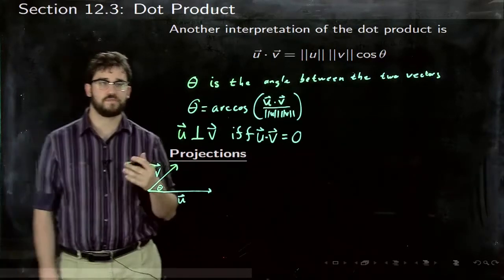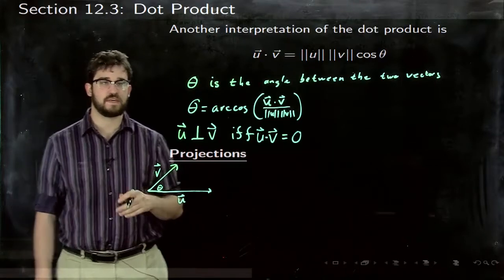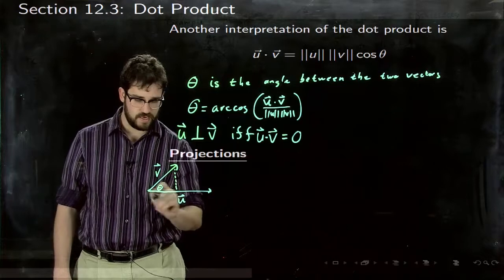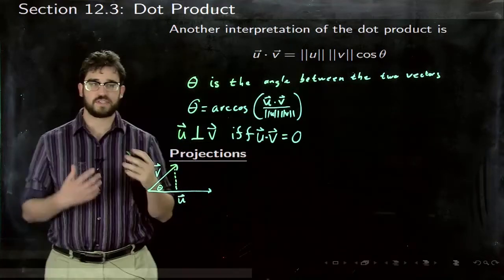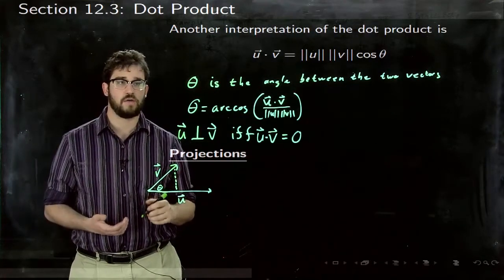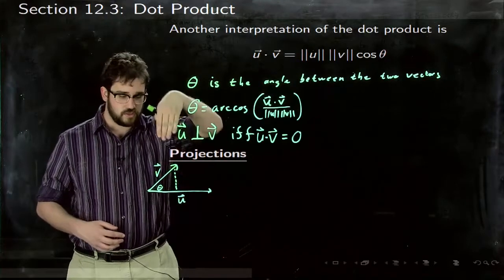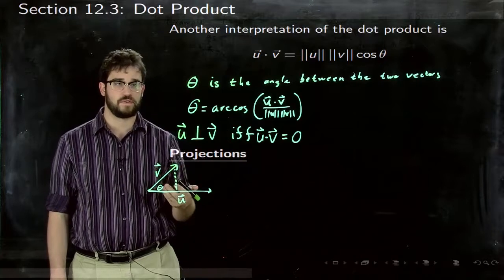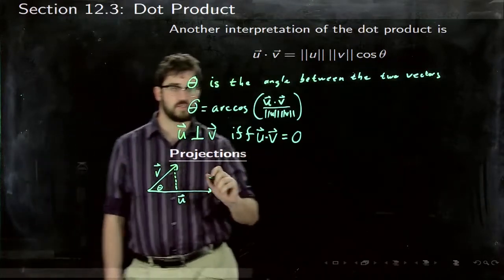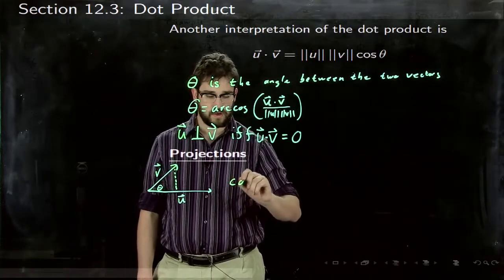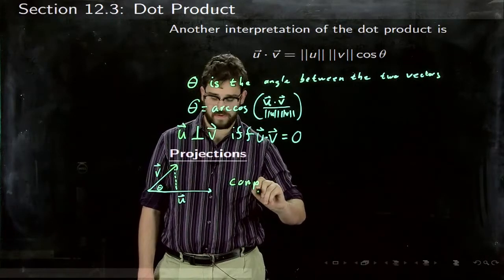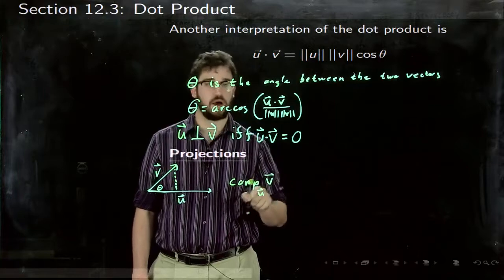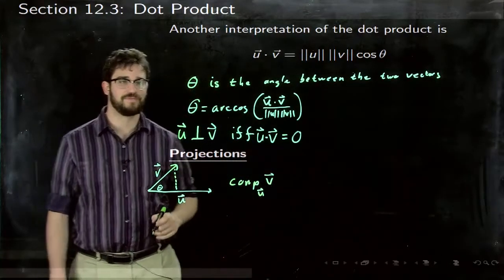Well, the answer to the first question is that the length of this line right here is called the scalar projection of v onto u, because we look down and we project this line onto the line of u, which we could also write as the component of v onto u. The component of v onto u, because it's on top of u.